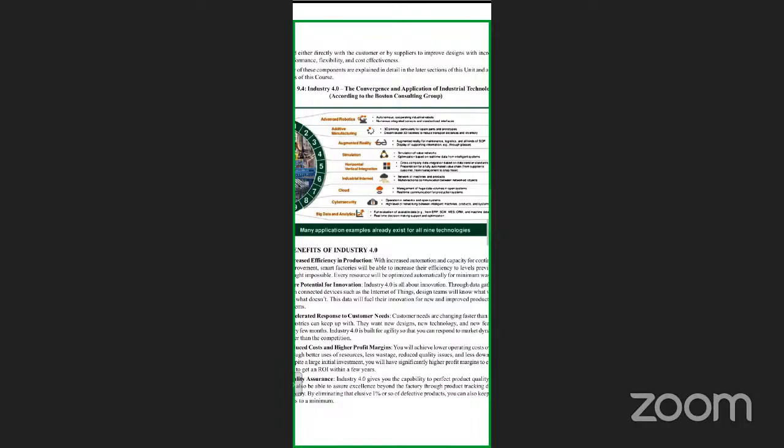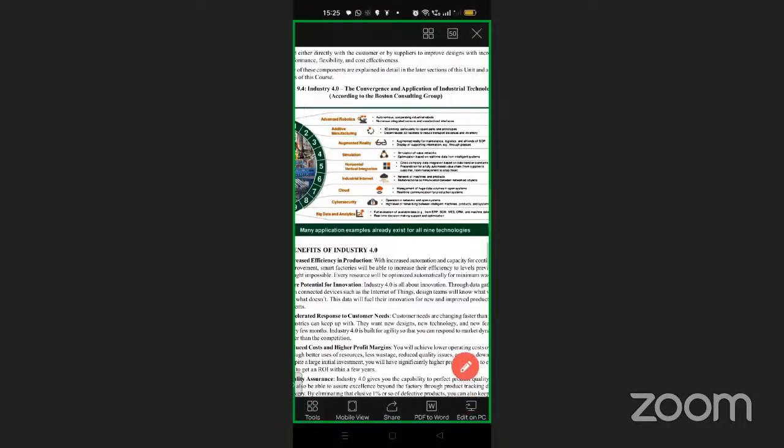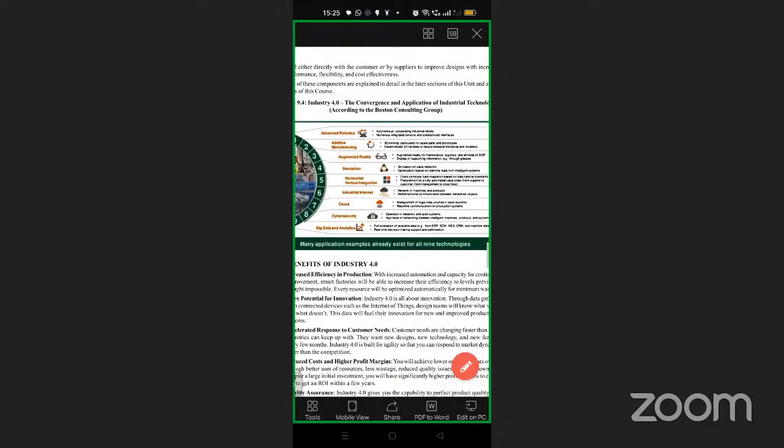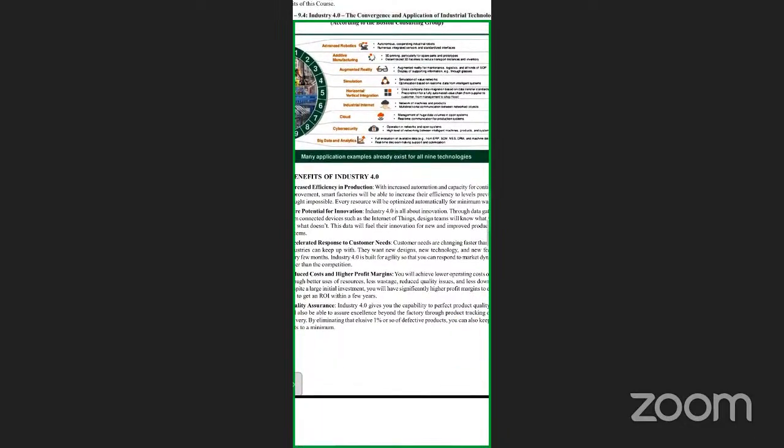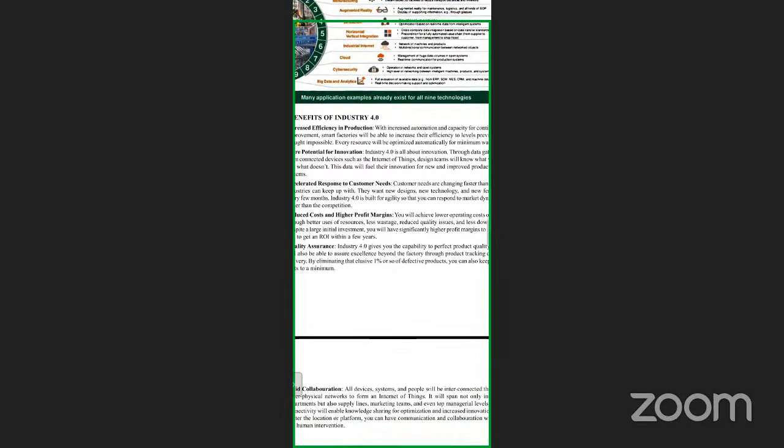Additive manufacturing, or 3D printing, is used particularly for spare parts and prototypes, with decentralized 3D facilities to reduce transport distances and inventory. And in advanced robotics, autonomous cooperating industrial robots have evolved.